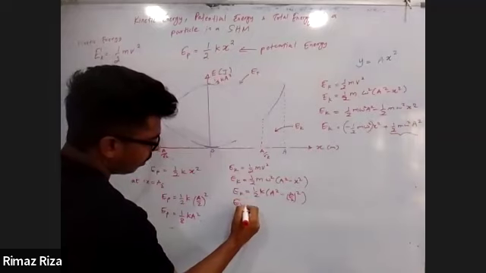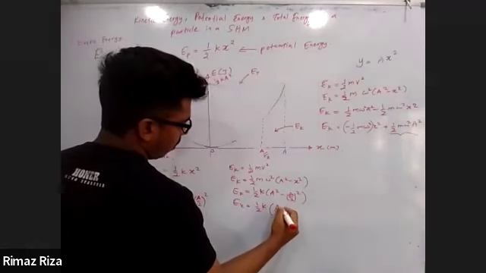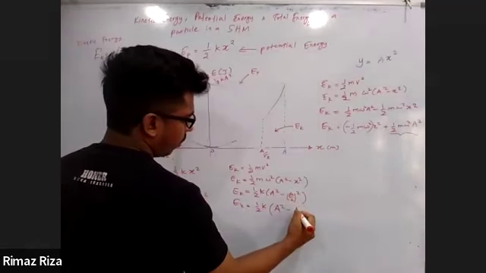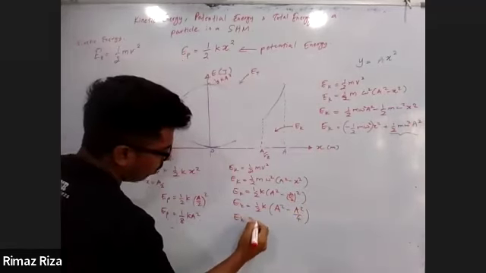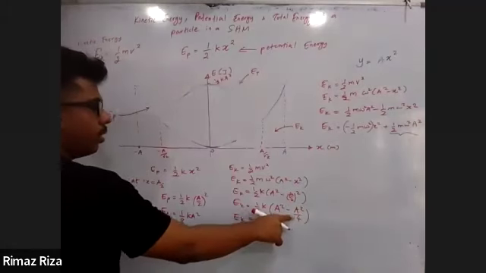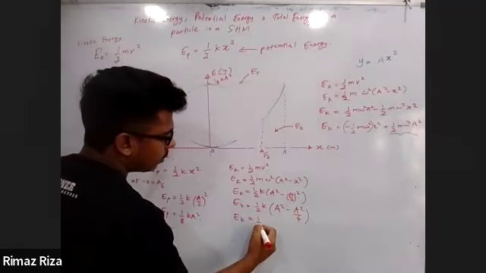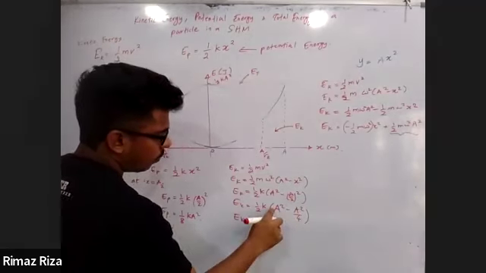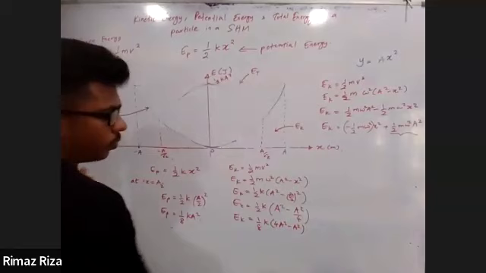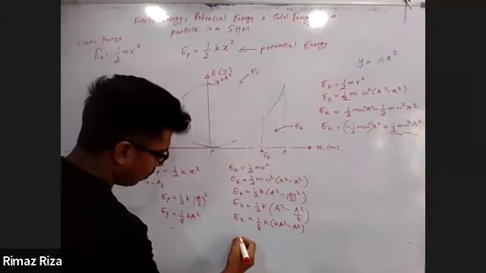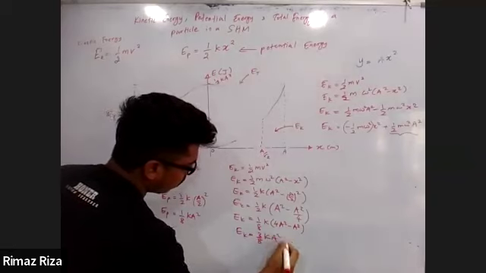So then we have kinetic energy equal to half k times a squared minus a squared over 4. So therefore Ek equals, we can take the common denominator 4 out. So 1 over 2 times 4, 8, k times 4a squared minus a squared. 4a squared minus a squared is 3a squared. So Ek equals 3 over 8 k a squared.